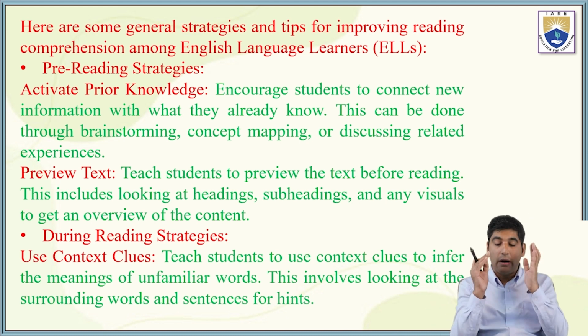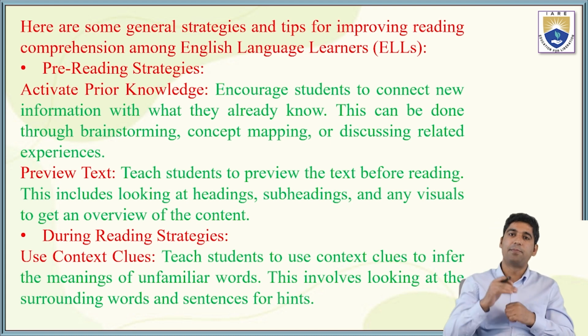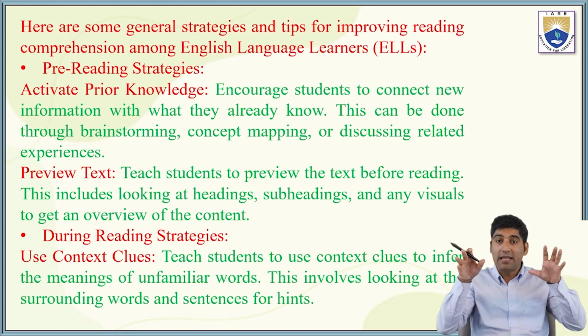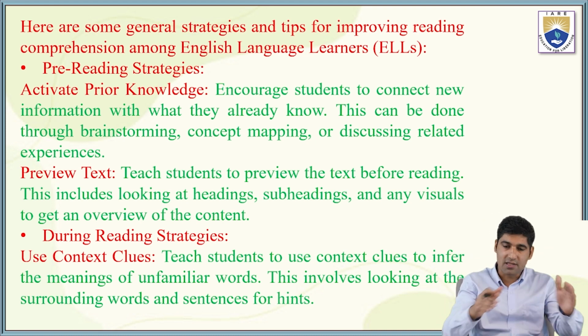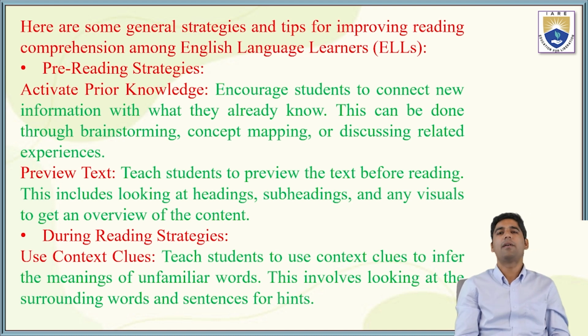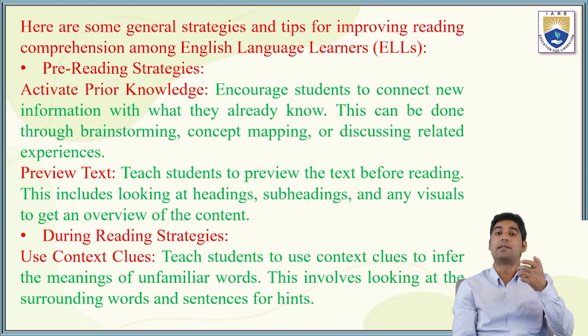You can use context clues. You can see in which sense the word has been used. You can see what the other words are saying and how this word has been adjusted there in a sentence. These are context clues, the hints which you can get from the context.